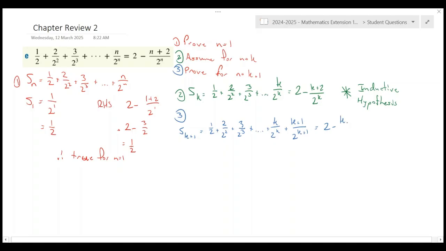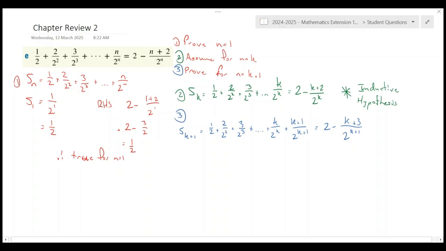So I've got k plus 1 plus 2 over 2 to the k plus 1. That makes sense? So I'm going to simplify that. Instead of k plus 1 plus 2, I'm going to get rid of that and just go k plus 3. I'm going to make that a little bit neater. All right.